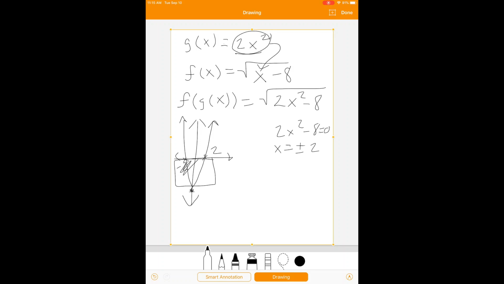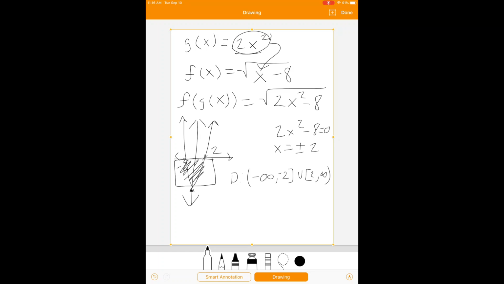So I am going to exclude all of those values. I'm looking to restrict the domain from negative infinity to negative 2, union 2 to infinity.